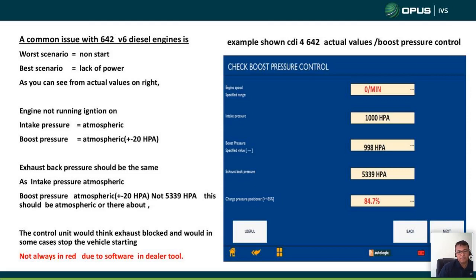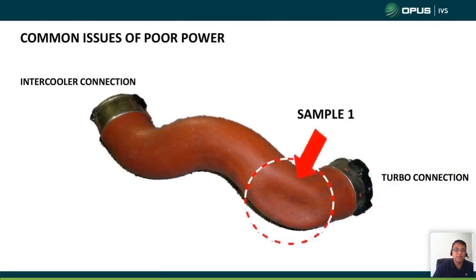If there's any crimped hose or split hose in the intercooler, that's the basic thing that you have to check before you proceed to another step dealing with this type of fault codes. So, intercooler connection and turbo connection. That's one of the common issues of this type of boost pressure fault, or intercooler hose, or you have limp mode or engine light on.